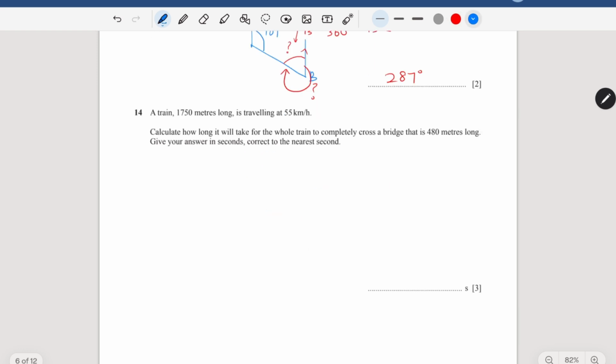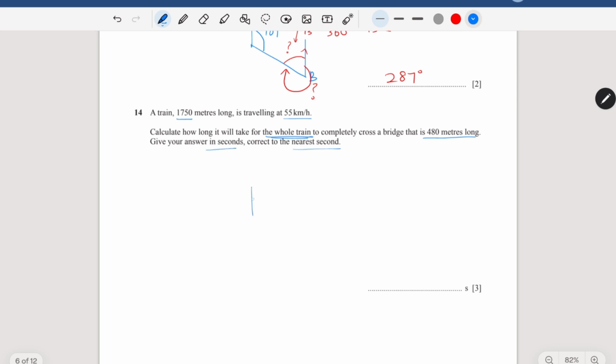Question 14. A train 1750 meters long is travelling at 55 km per hour. Calculate how long it will take for the whole train to completely cross a bridge that is 480 meters long. Give your answer in seconds, correct to the nearest second.